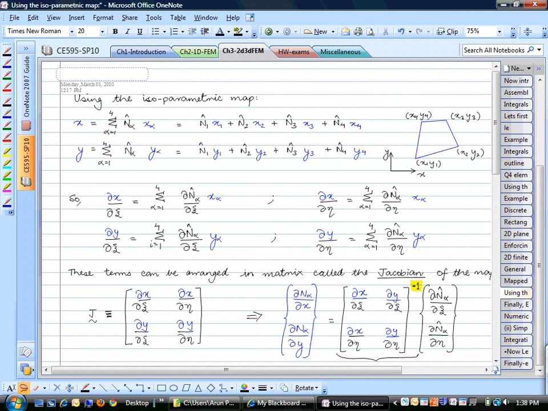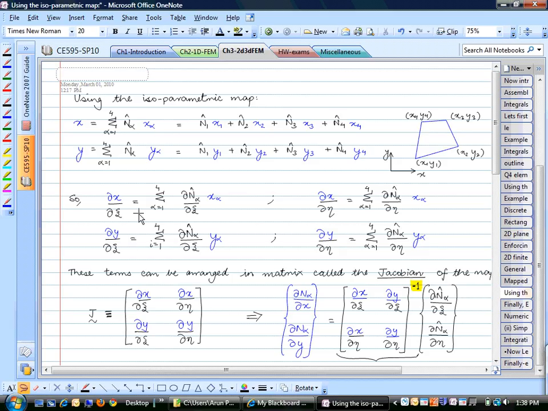On the next page, we actually saw how to calculate that Jacobian matrix. So we said that since we need to calculate all these dx/dxi, dx/deta, dy/dxi, and dy/deta, you can take this entire set of 4 terms, and that would be your Jacobian matrix. That's the definition. And in order to calculate each one of these 4 terms, all that we are going to do is take our isoparametric map, take the derivatives of this entire equation with respect to xi.